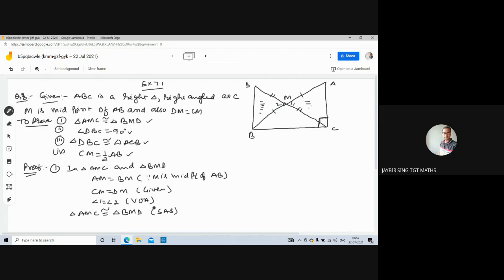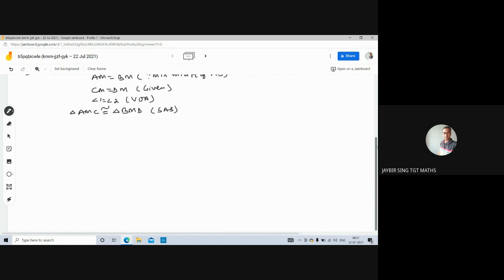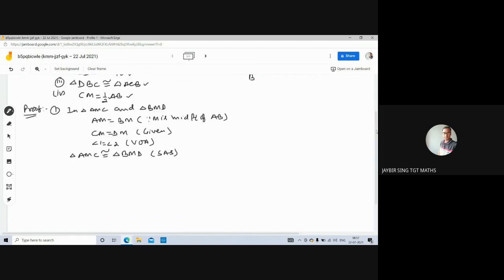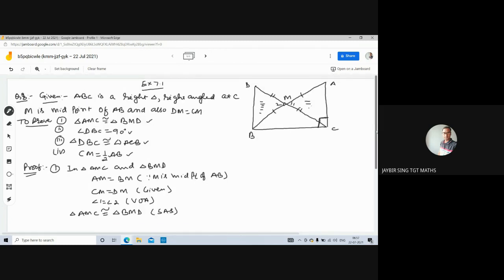Now second part, we have to prove DBC is 90 degrees. This DBC means this angle on which I am making this red mark. We have to make this 90 degrees.